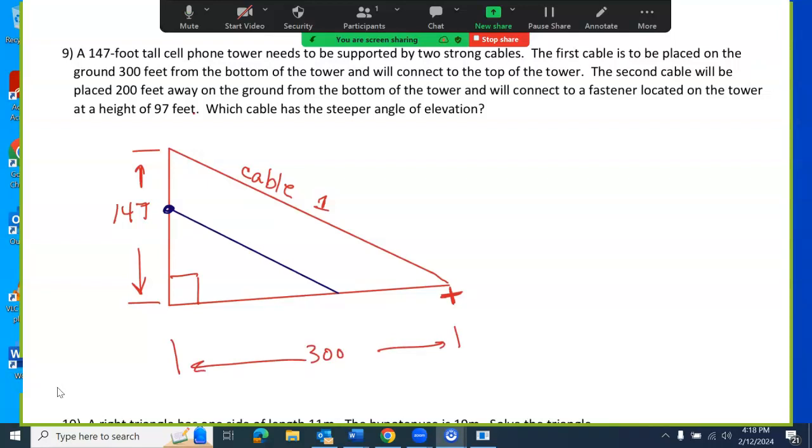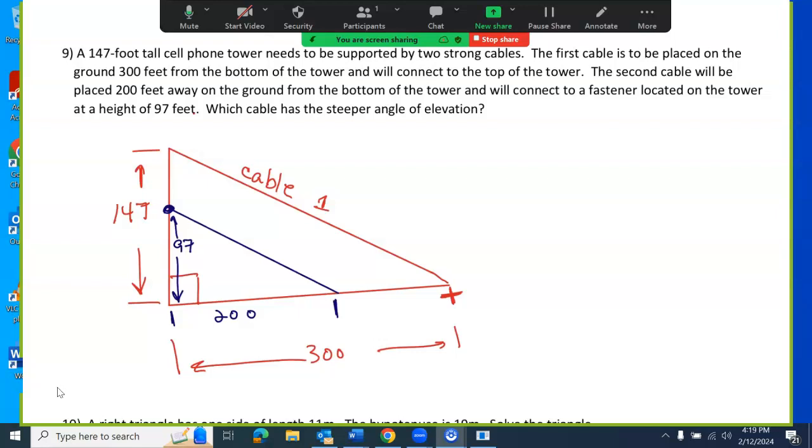All right, and then they told us, I'm going to indicate it in blue, from here to here is 200. And what else did they tell me? They told me that from here to here is 97 feet. Which cable has the steeper angle of elevation?